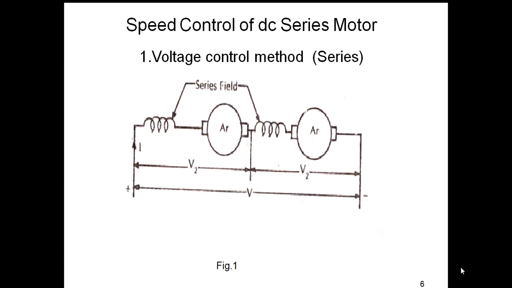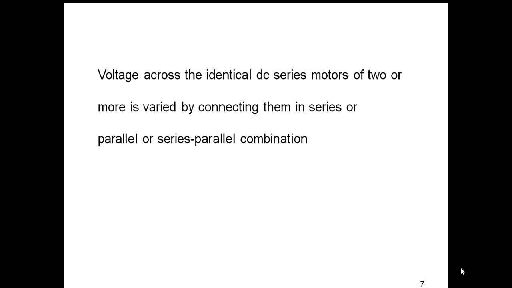One is that the series motors can be connected in series. By connecting them in series, we can change the applied voltage. And the other one is the parallel one.